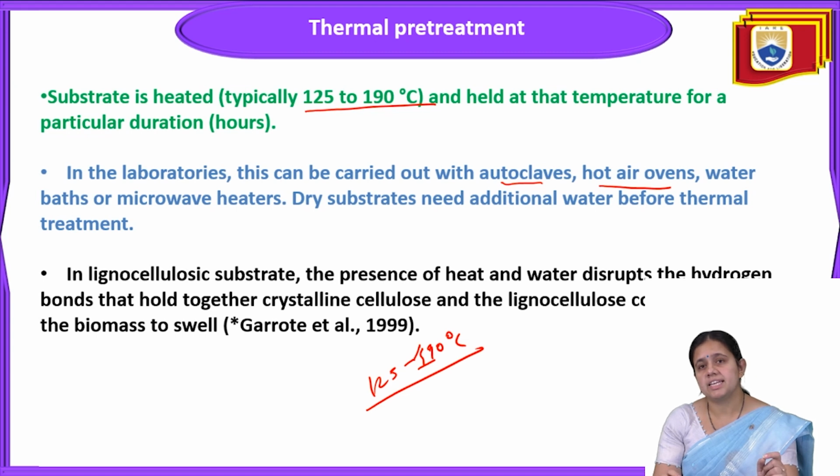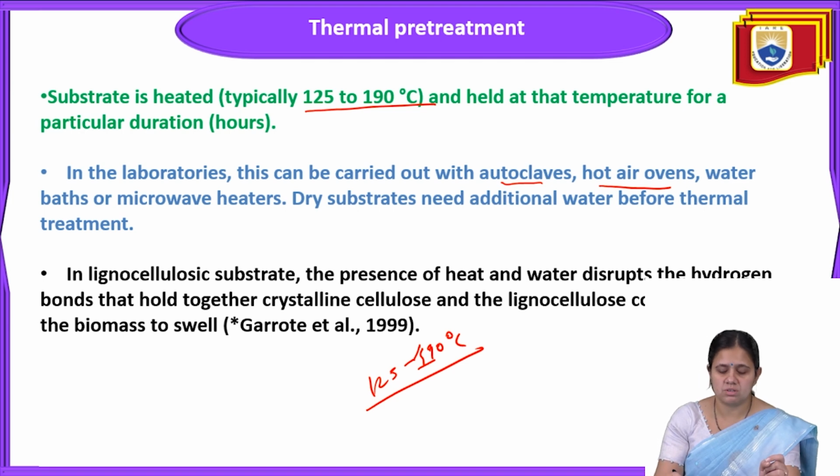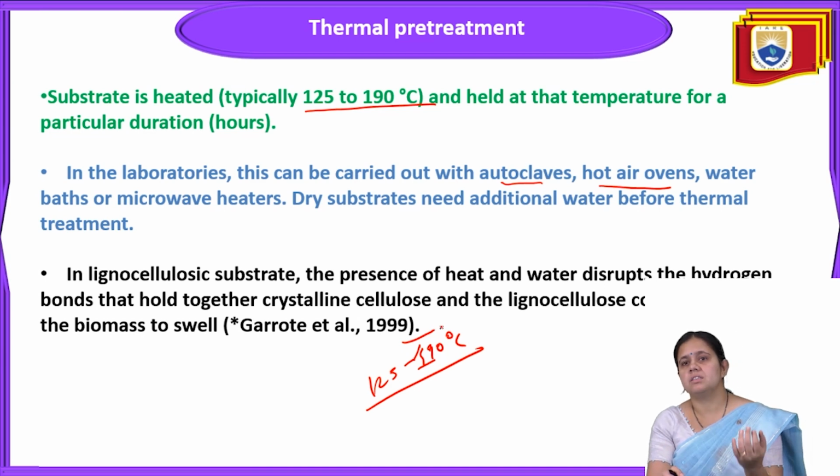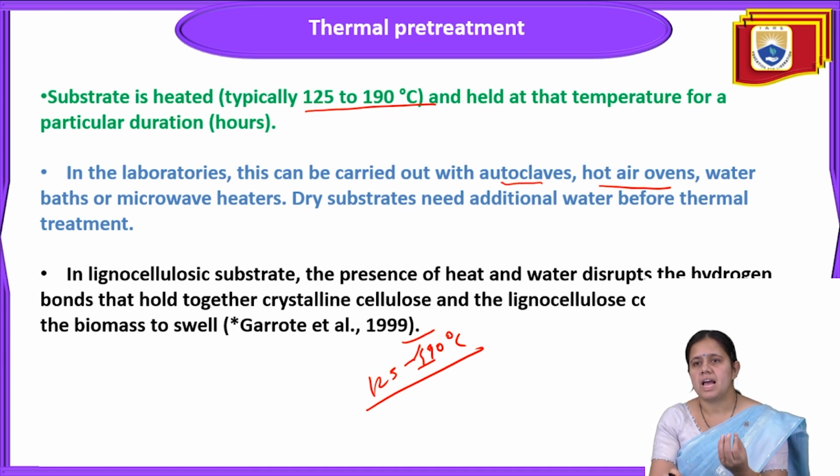The next point is about the lignocellulosic substrate. The presence of heat and water disturbs the hydrogen bonds that hold together crystalline cellulose and the lignocellulosic complex. This causes the biomass to swell.